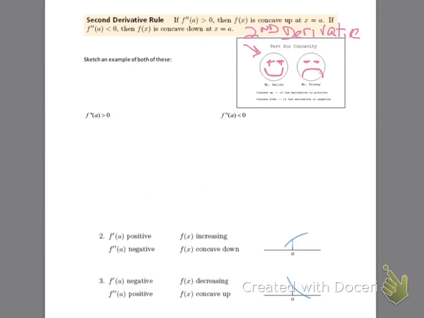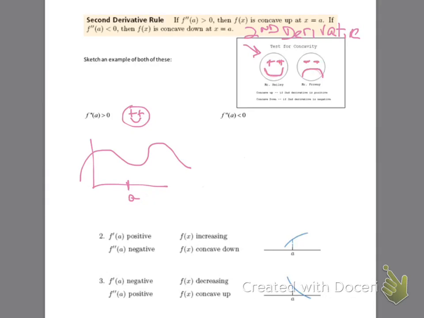So let's sketch a function that is concave up because it's greater than 0. Sketch a function that's concave up at A. So here's my function. Where is it concave up? Well, how about right here at A? It's concave up there.